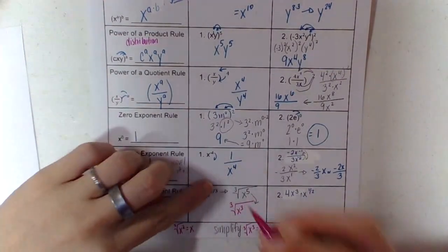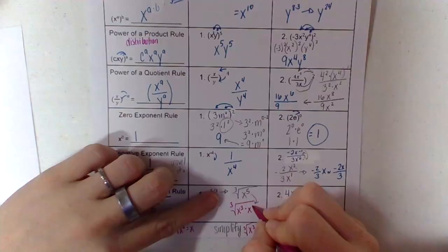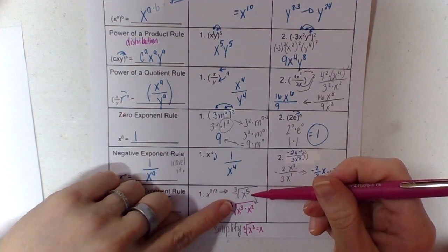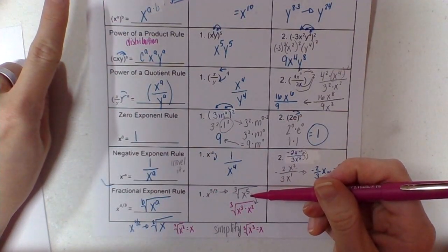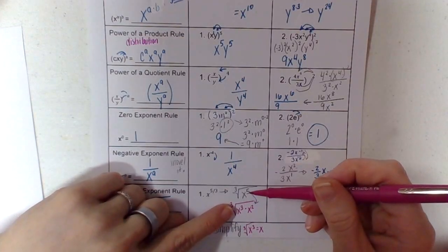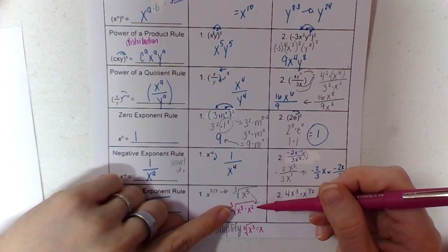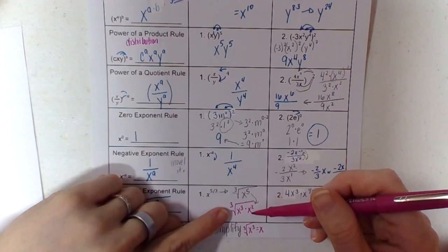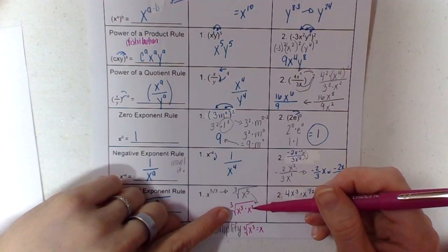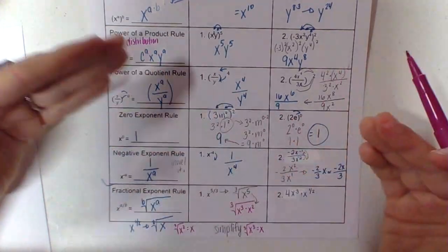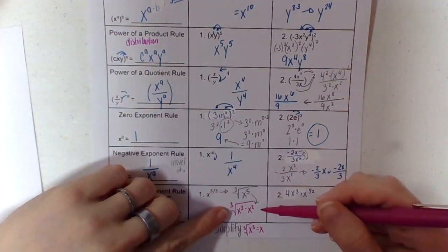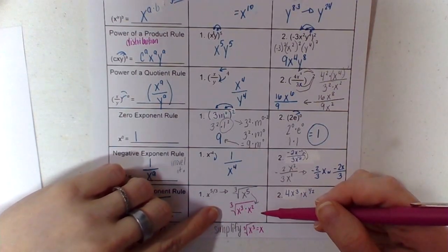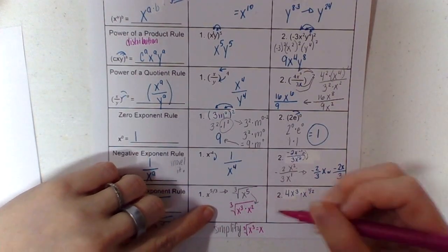We're simplifying, so we're going to break it down. Using that product, we're doing like the opposite of our product rule. We can take this 5 and split it into 3 plus 2. So if I have x to the 3 times x squared, I can combine those back together to get x to the 5th. But I want to split them apart into x to the cubed, x third times x squared.